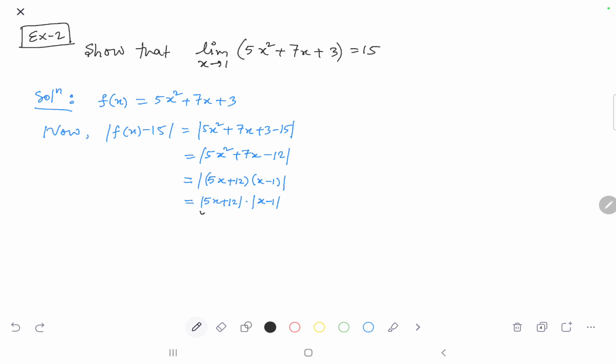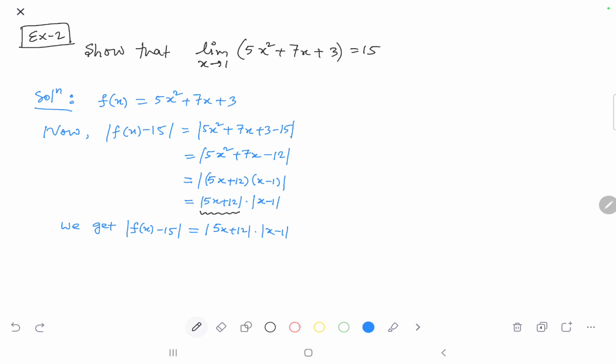We have to eliminate this term. Right, Mayan? Okay. So let me write what we have. We get |f(x) - 15| is nothing but the absolute value of 5x plus 12 into the absolute value of x minus 1. That we have.